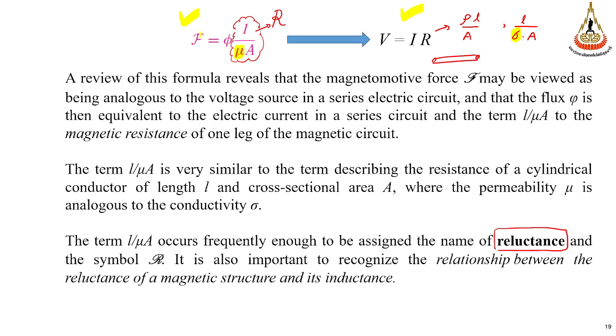The magnetomotive force is similar to volts, and the flux is similar to current. The flux is flowing through the medium material. So we can use this R for the reluctance. L divided by mu A we call the reluctance of the magnetic circuit. Then we can calculate this type of circuit similarly to Ohm's law, similarly to a resistive circuit.